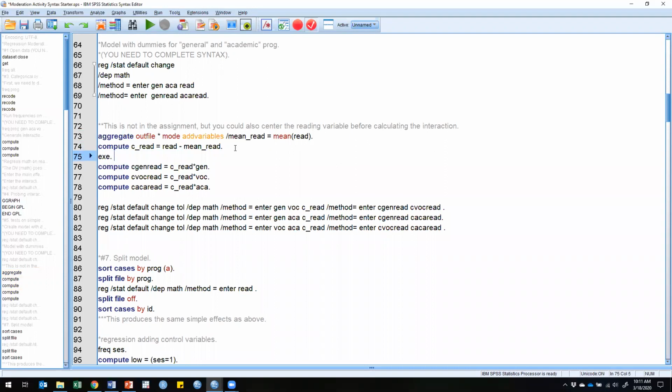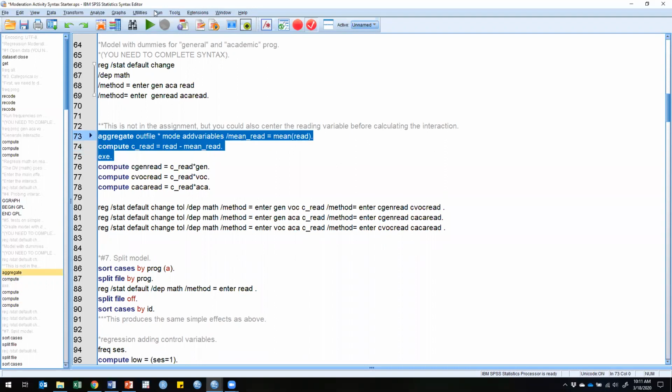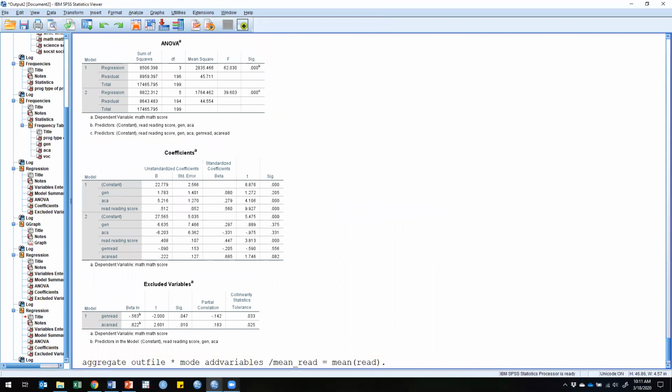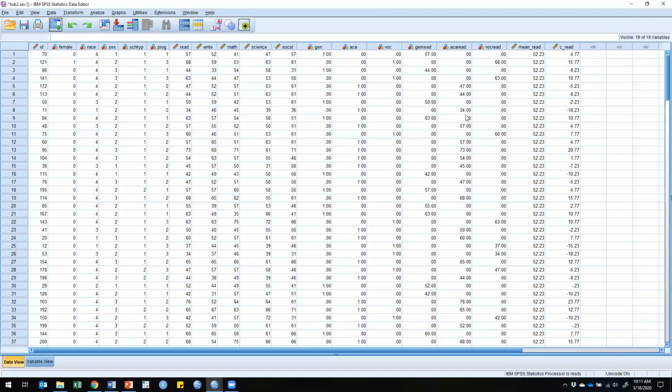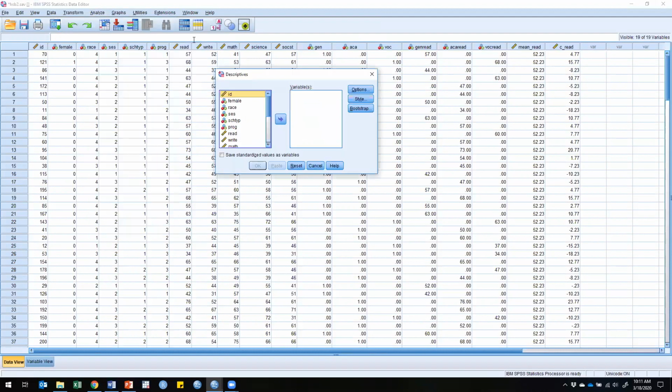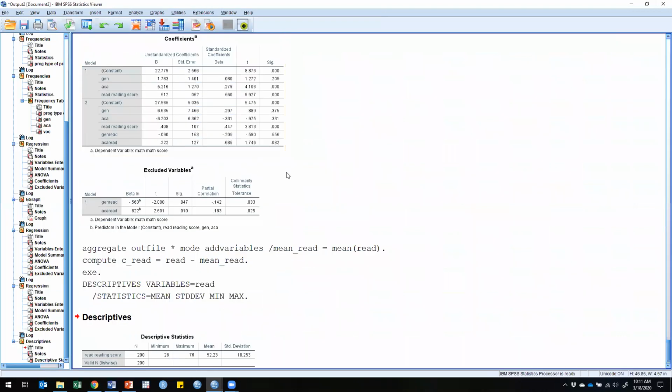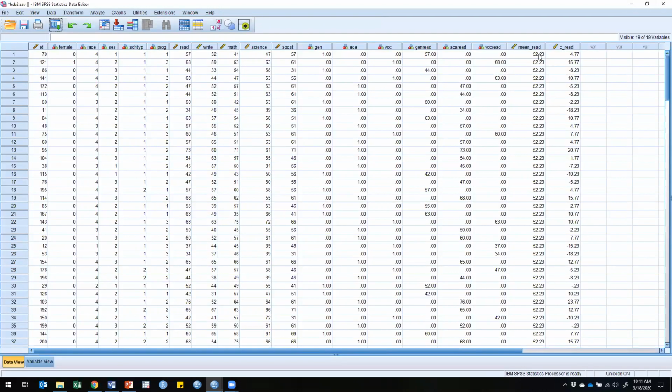I'm going to execute it here so we can actually look at the data set. So you can see the mean read score. So it's just taking the reading score here. So if we just analyze descriptives, read, see the average is 52.23. That syntax right here just added that as a variable in the data set.